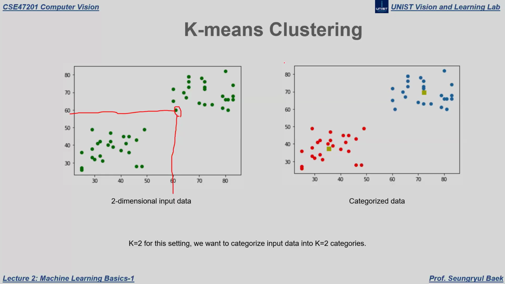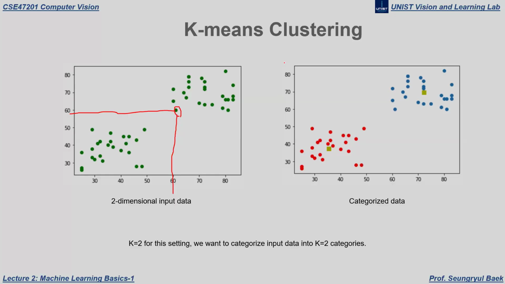And we want to cluster this data, okay? And the right is the clustering result, okay? Which means we have to specify how many clusters we want. So here, we specify 2 clusters, okay?